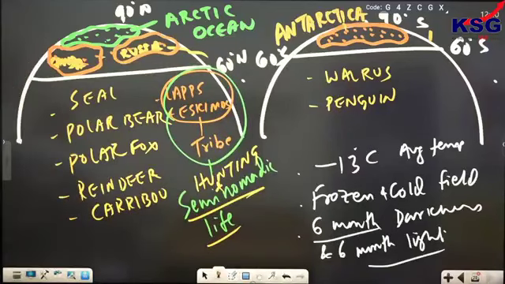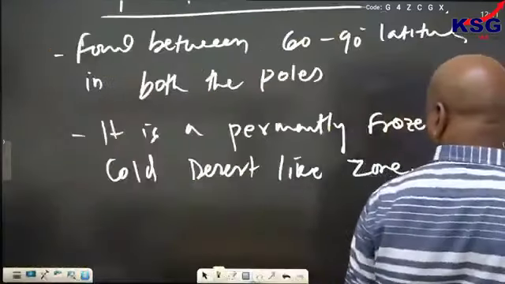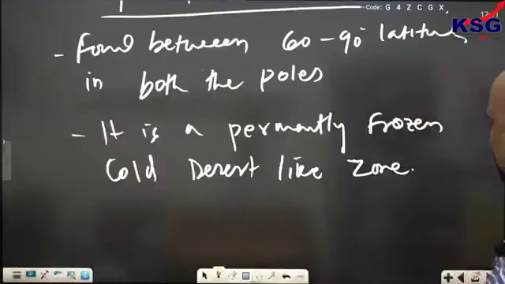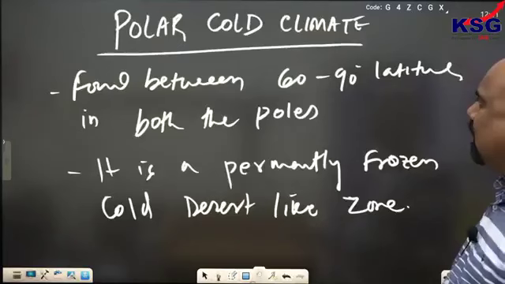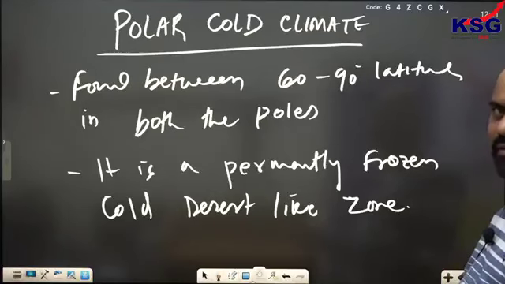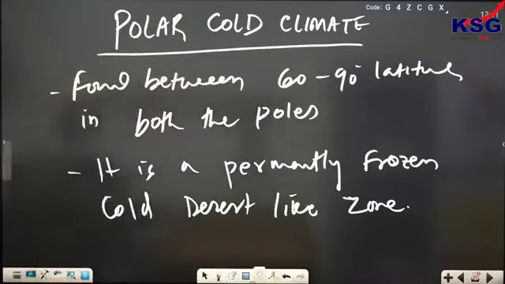Very difficult and very different type of. This is a polar cold climate I have said. Somebody asked me about this, is not able to write, so please check it out. क्या है यहाँ पे देखिए.